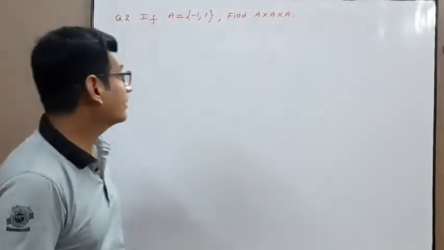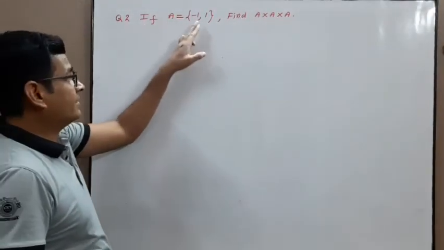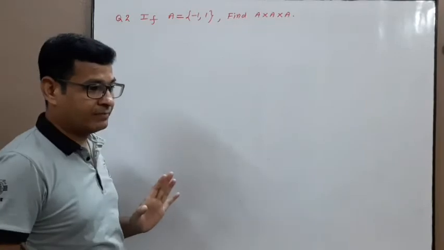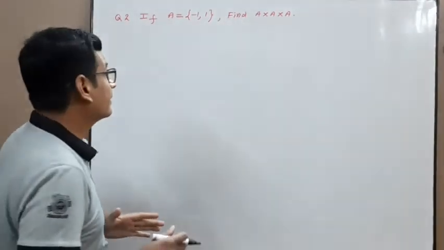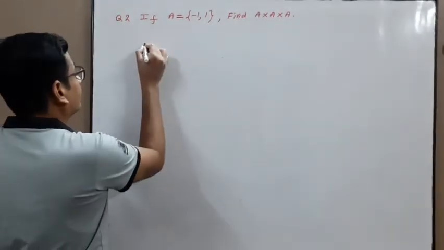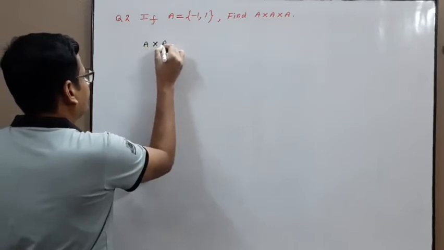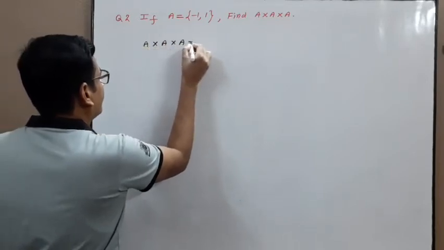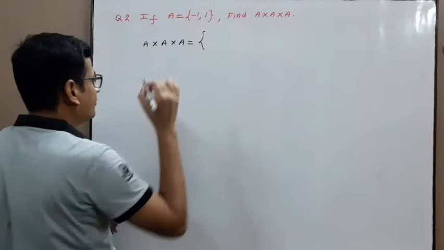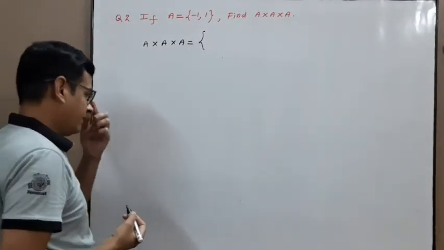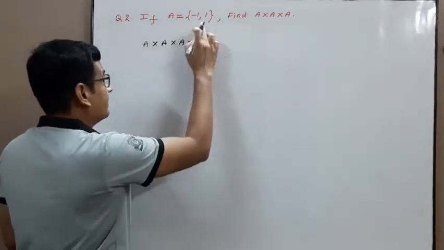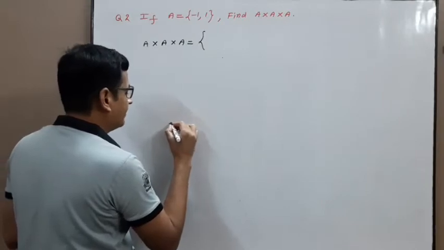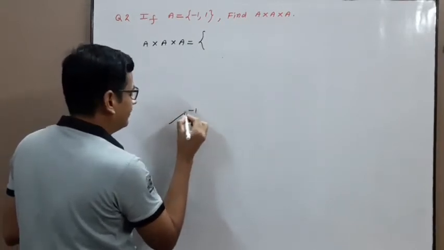Next problem. If A equals this, find A cross A cross A, which means ordered triplets. A cross A cross A is equal to... For this you can use a tree diagram. The first place can be filled by minus 1 and 1.